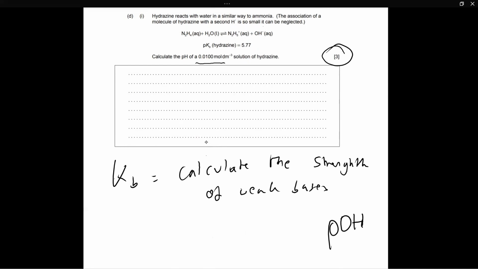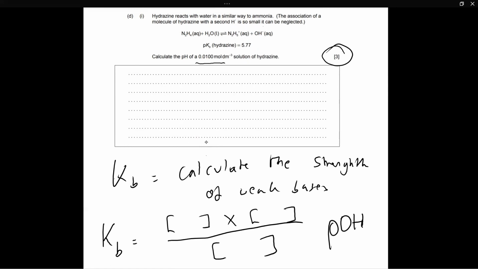So what is the formula for Kb? How do you calculate Kb? In a reaction, Kb is basically the concentration of all the products divided by the concentration of all the reactants. And in our case, in this equation over here, our only reactant is N2H4.